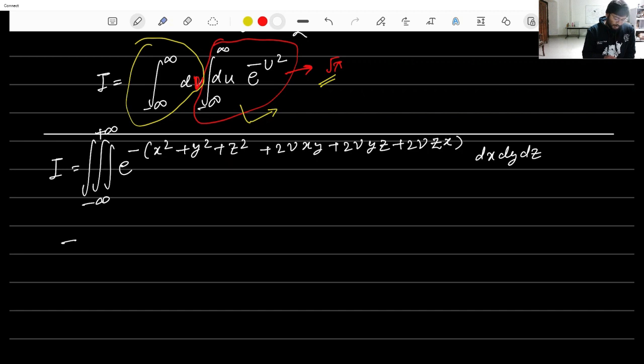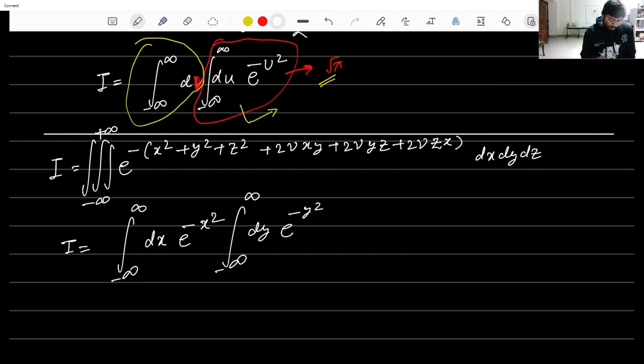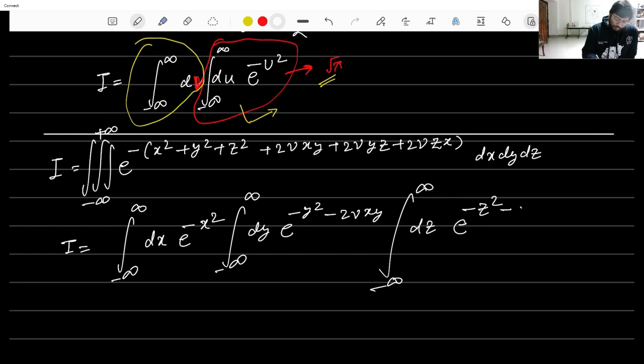So what we do here is that we make it something like this: dx e to the power minus x square, minus infinity to plus infinity dy, and you take this factor outside, and you do this: minus infinity to plus infinity dz, and you write it like this: minus z square minus 2 nu yz minus 2 nu zx, fine.